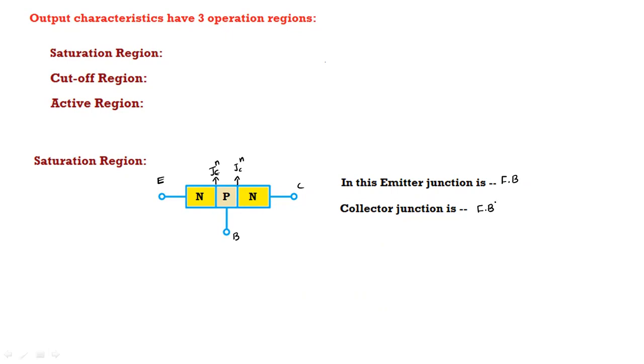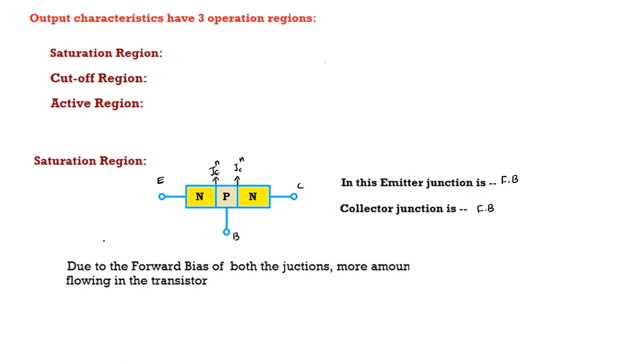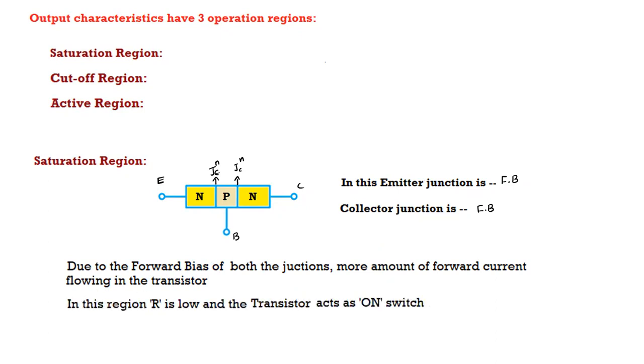As both the junctions, the emitter junction as well as the collector junction, are in the forward bias condition in the saturation region, more forward current flows in the transistor. As more current flows, the resistance in this region is very low, and the transistor acts as an on switch in the saturation region.